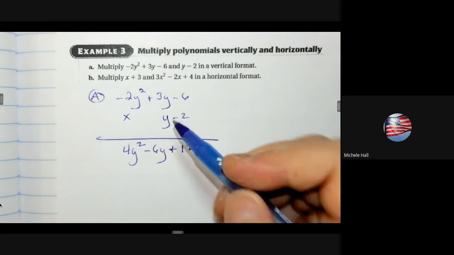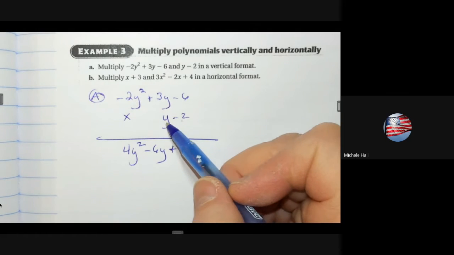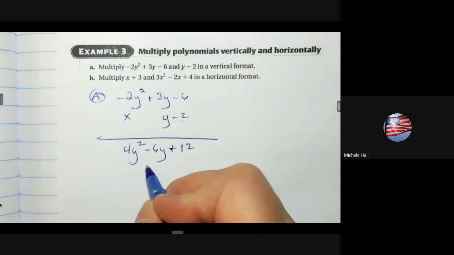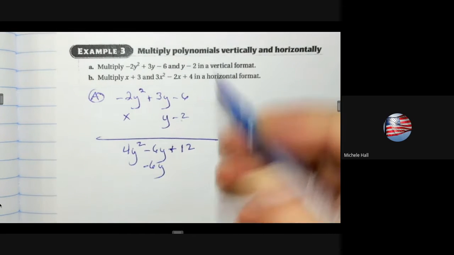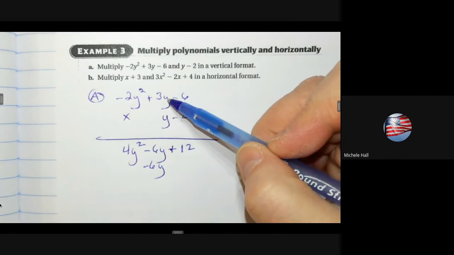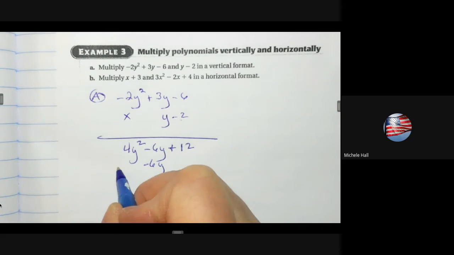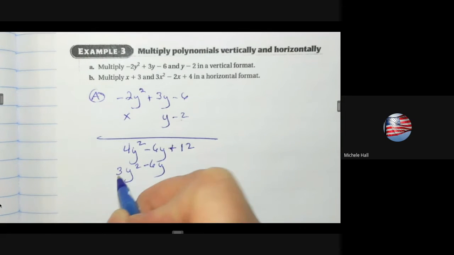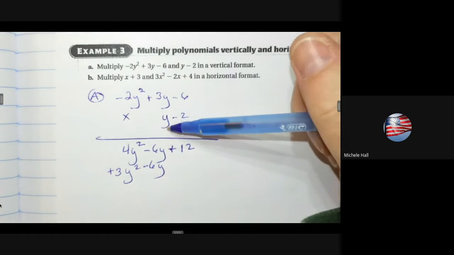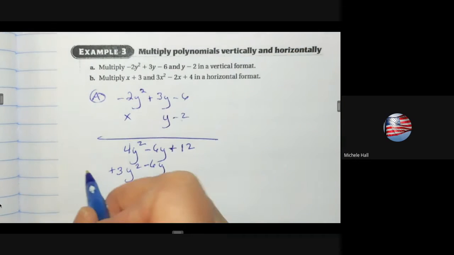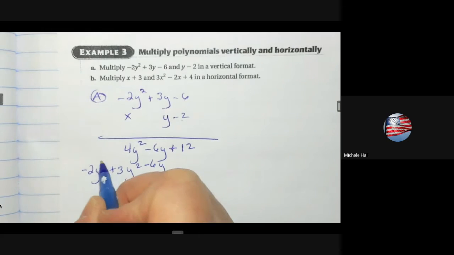Now I'm ready to move on to the y. Y times negative 6 is negative 6y. I'm going to put that in the y column. Y times 3y would be 3y squared, going in the y squared column. And that's positive. And then y times negative 2y squared is negative 2y cubed.